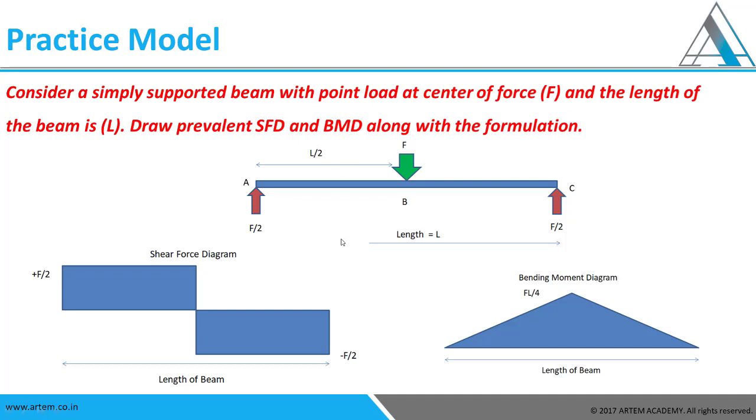So if we take a section from here, F is here and then minus F by 2 is here. So this way we get a net force of F by 2. And that is how we cross-verify that there is a plus F by 2 here. And that solves our problem that we are doing our shear force diagram correctly. So with the introduction of this force, this suddenly shoots from here to here and becomes F by 2.